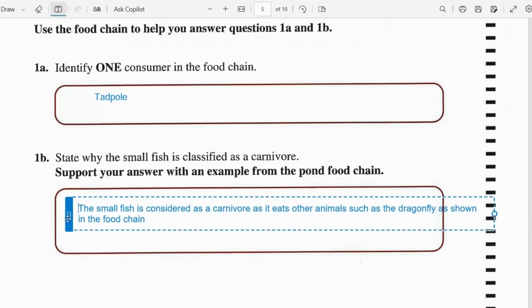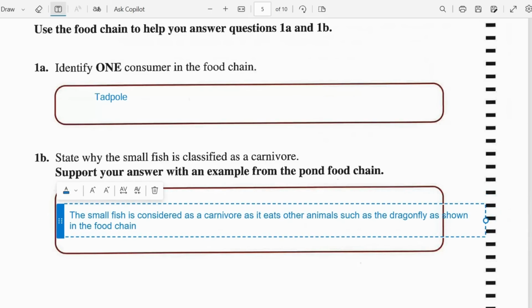You can do it like this, or you can write it differently. I chose to write it like this, and it would still suffice.